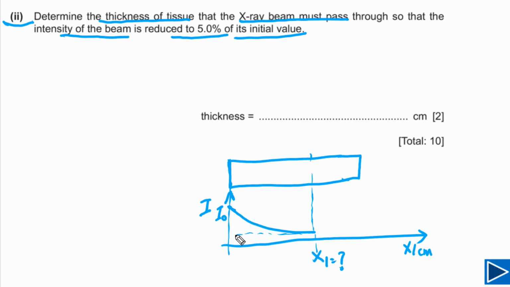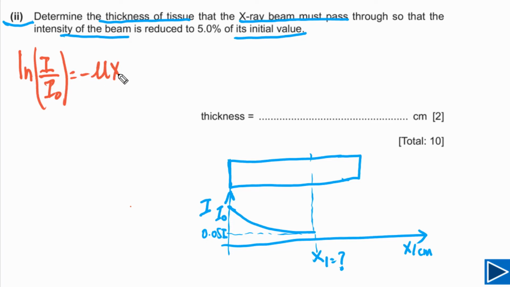And this intensity becomes 5%, meaning 0.05 times I naught. Let's try to find the value of x1. We have already discussed that ln of I over I naught is equal to negative mu times x. In this case x is equal to x1, so we will use x1 here.